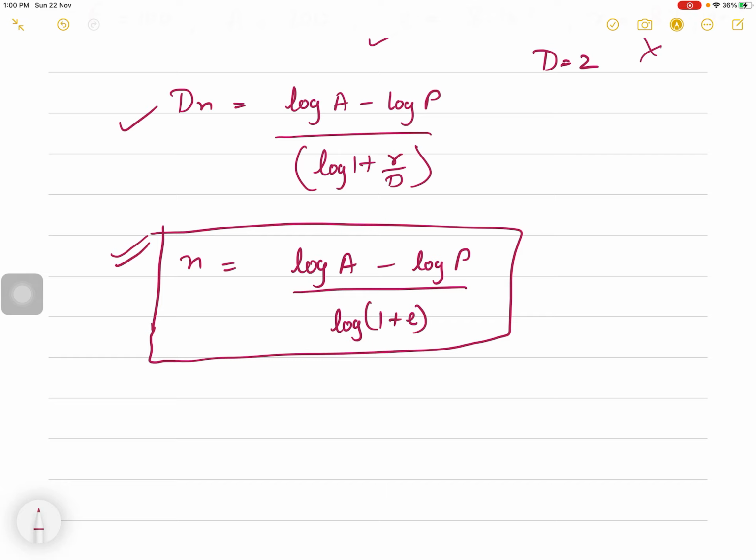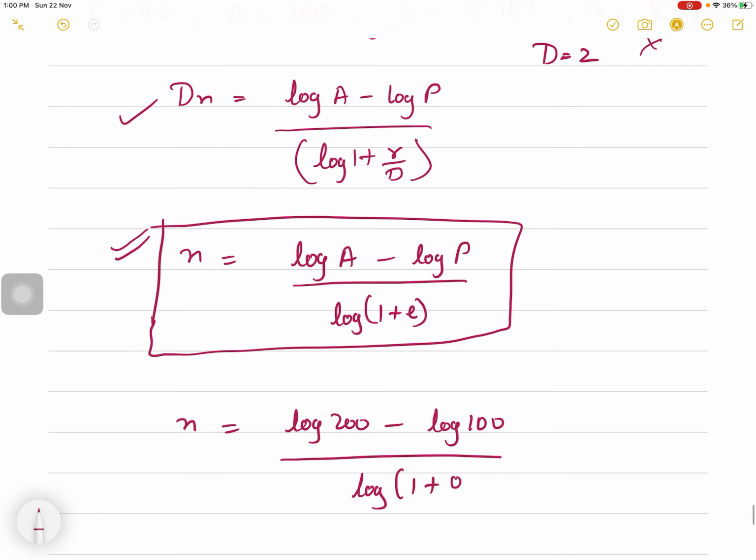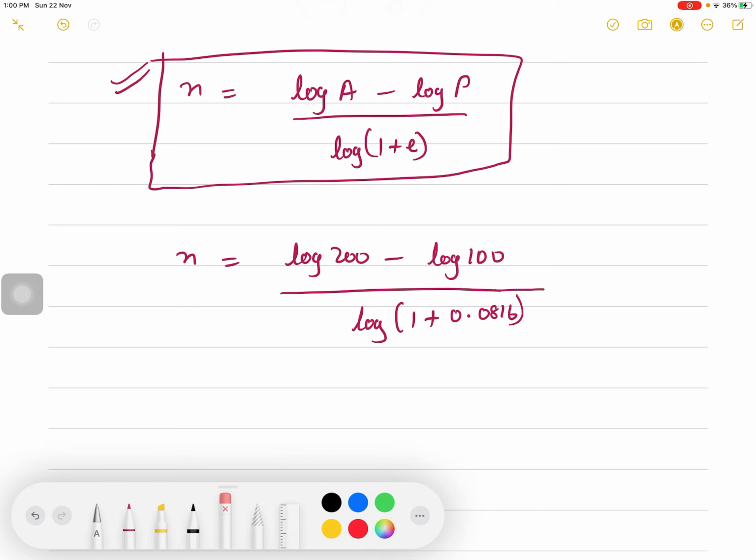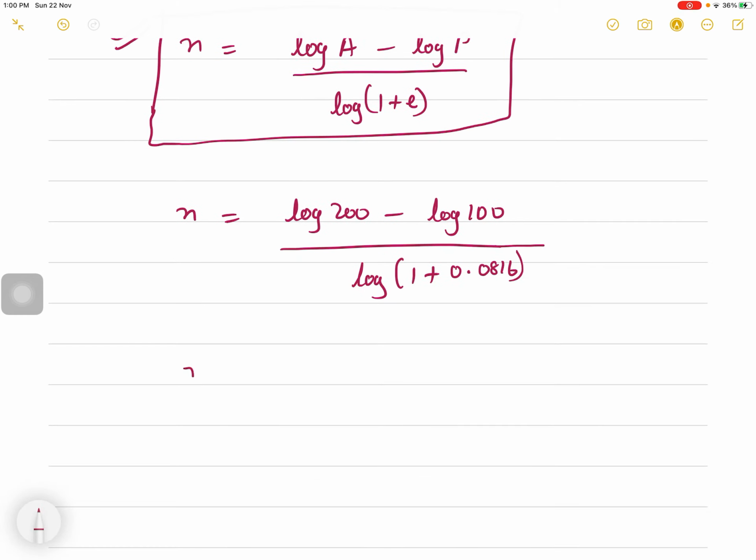Now using this formula, please calculate N. So N is equal to log 200 minus log 100 upon log of 1 plus E. 1 plus E is 1 plus 0.0816. Okay, so N is equal to, we have calculated log 100 and log 200 many times.